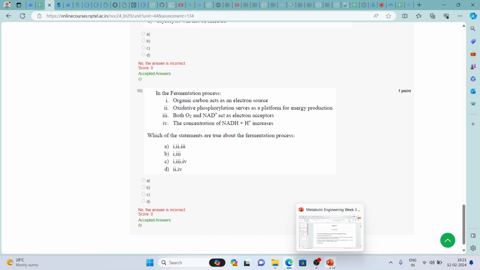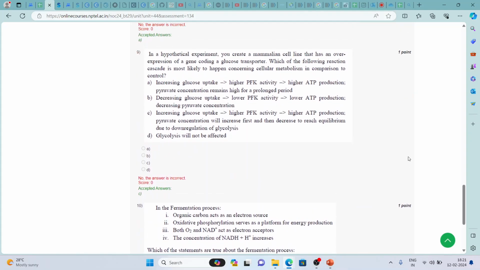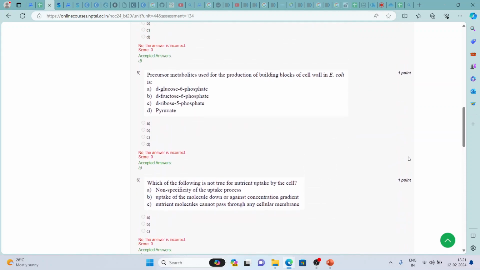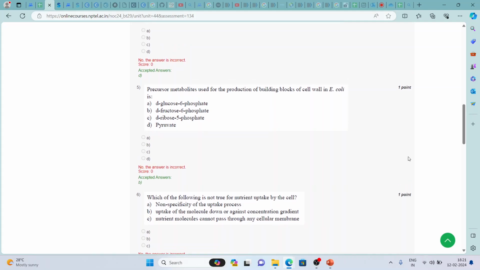In the same assignment, question number 5. The question is: precursor metabolites used for production of building blocks of cell wall in E. coli. Option A glucose 6 phosphate, B fructose 6 phosphate, C ribose 5 phosphate, and D pyruvate.